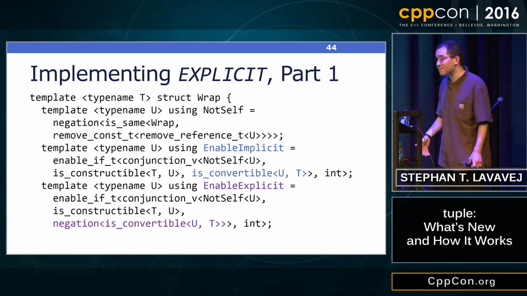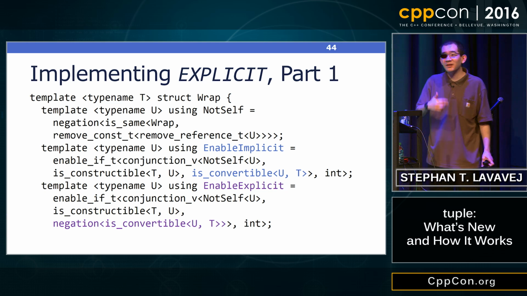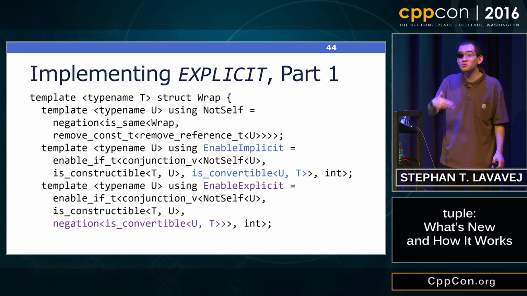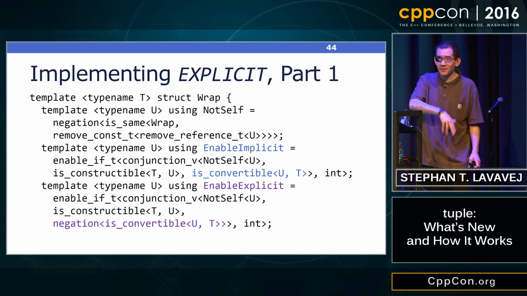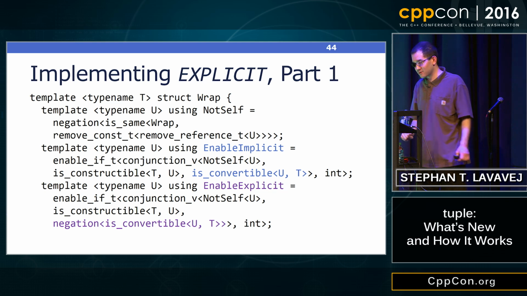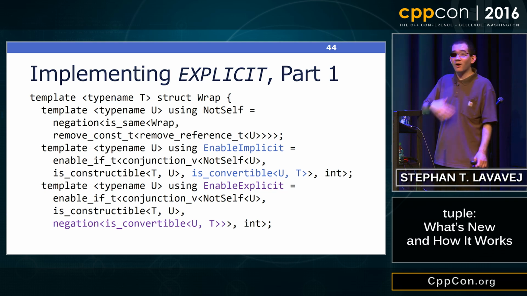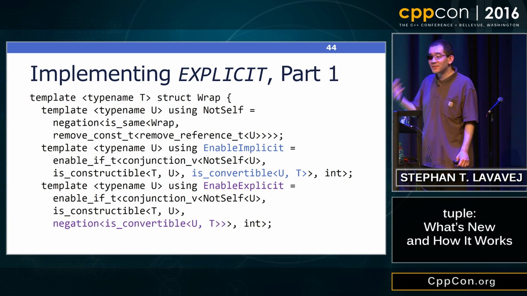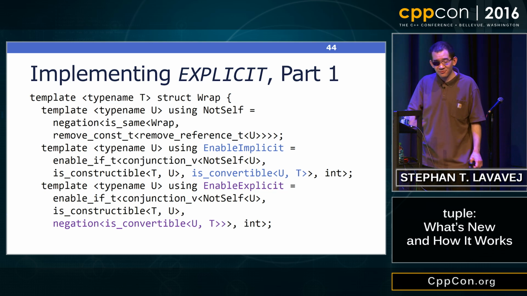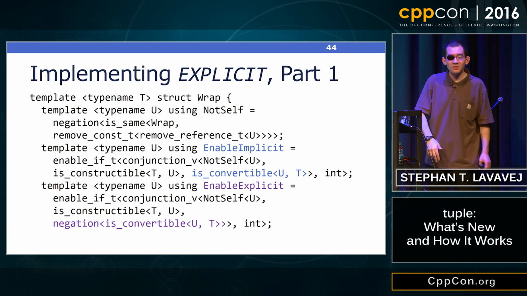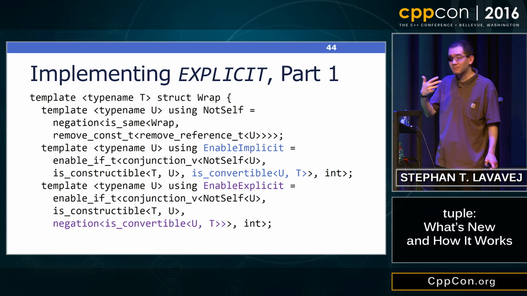This needs to be well formed. And finally, I would like U to be implicitly convertible to T. The order is convertible from to, that's why it appears reversed. That is intended. And if all those things are true, then I am not myself, I am constructible from this thing, and I am implicitly convertible. So it's okay for this constructor to be implicit.